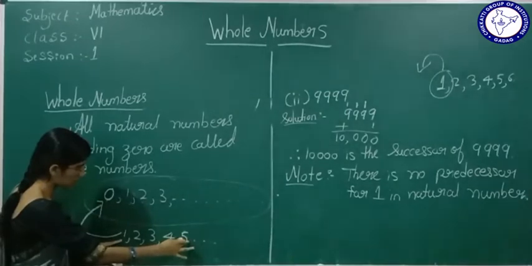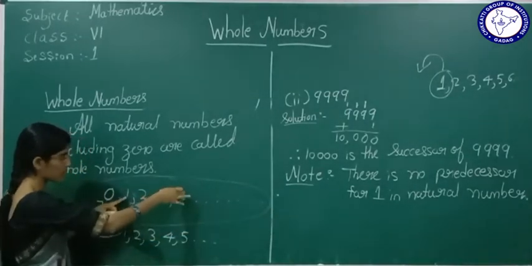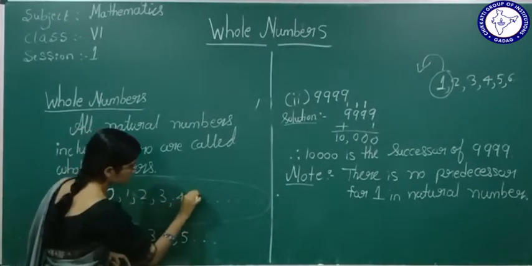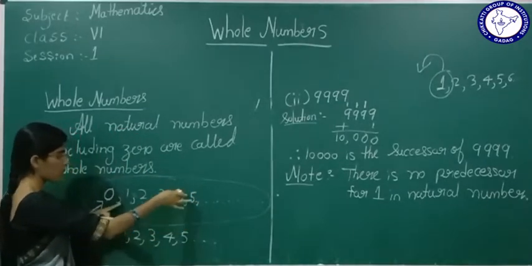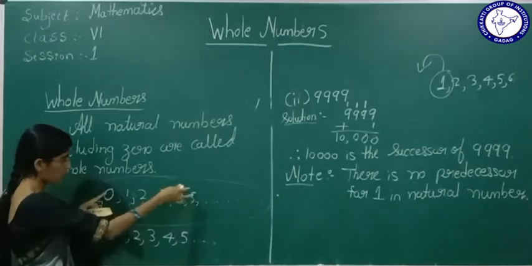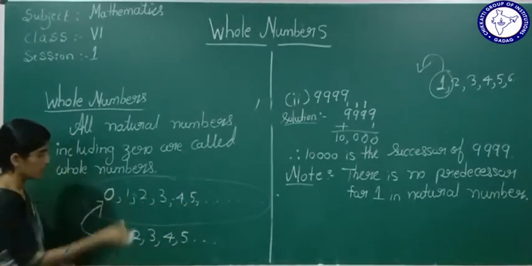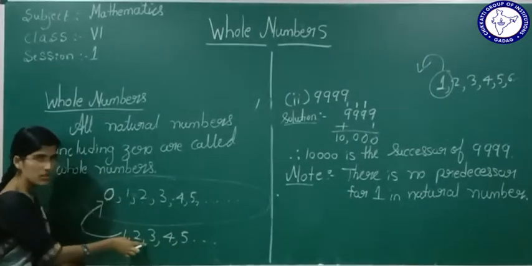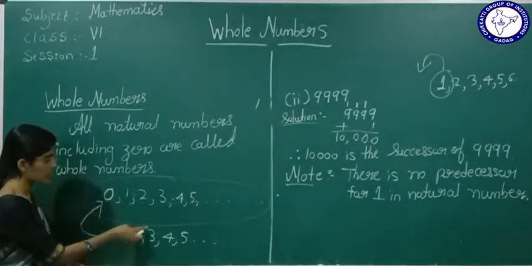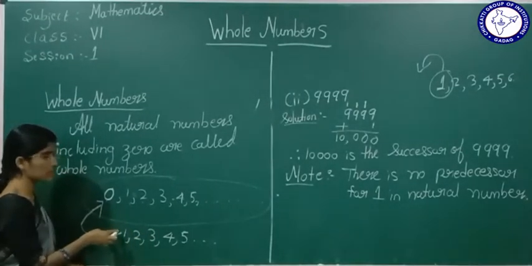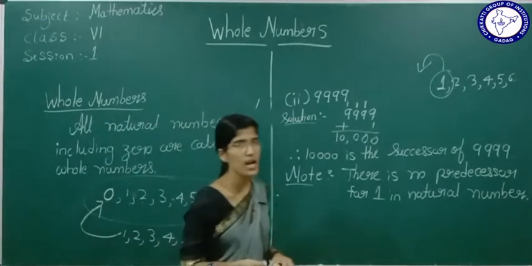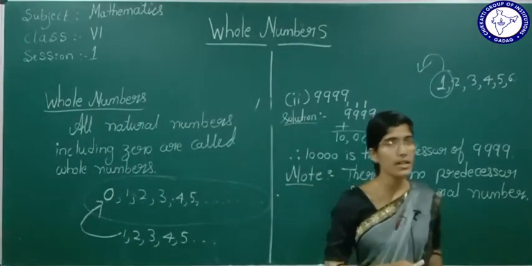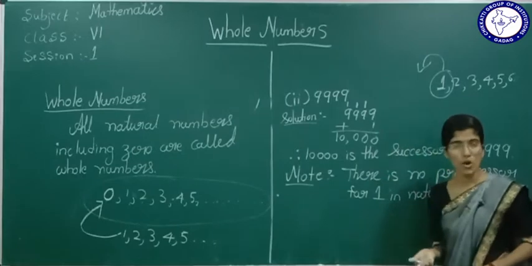In the whole number list, all natural numbers are there. Yes. Tell me, are all whole numbers natural numbers? No, because in natural numbers 0 is not there. What we can tell? All natural numbers are whole numbers, but all whole numbers are not natural numbers.